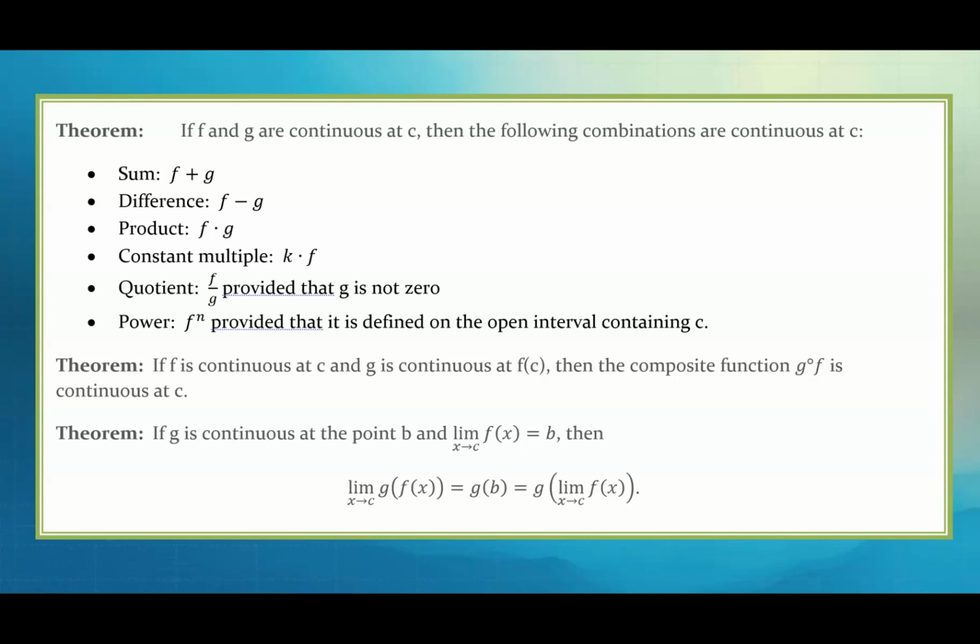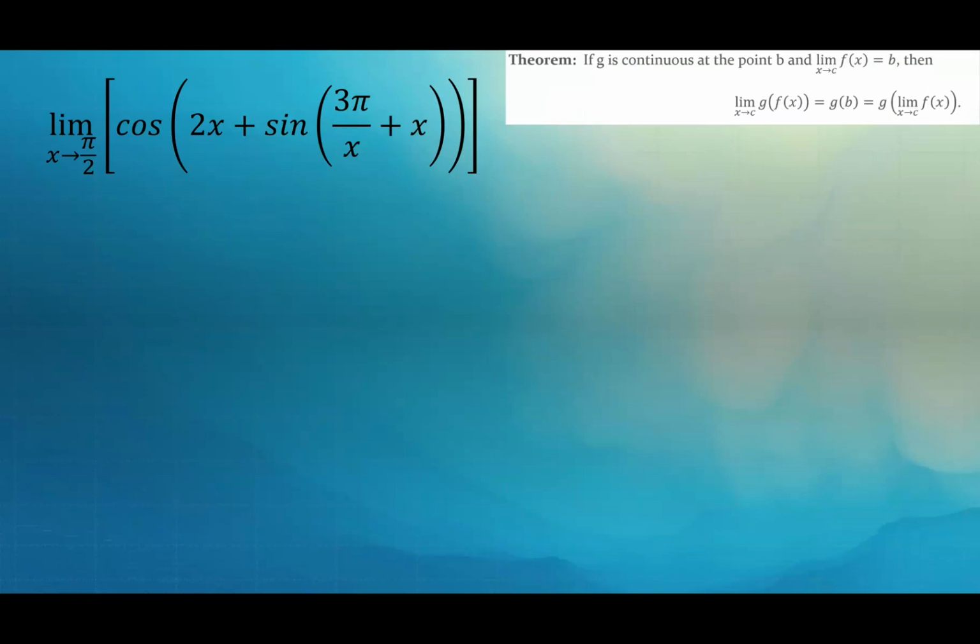Now I want to demonstrate the last one here. When looking at something as complicated as this, how do we decipher this theorem? So g is the function cosine of x. G is continuous. We know the function cosine is continuous, right?